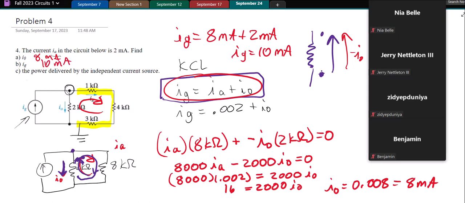So those weren't so bad. Now I need to know the power delivered by the independent current source. Well, the power equals IV.